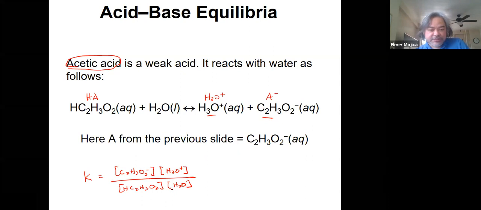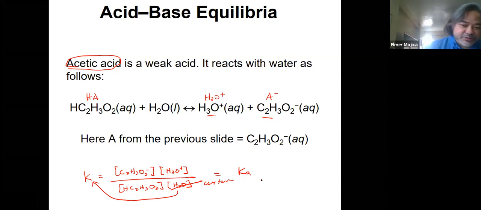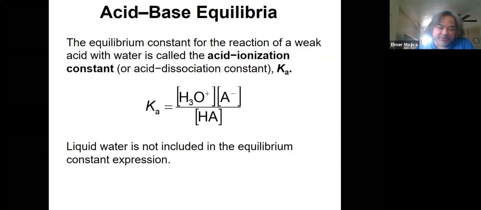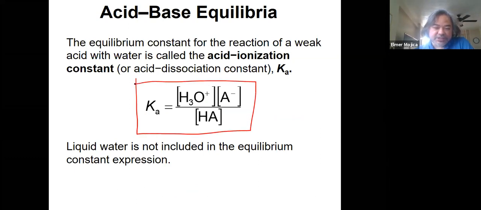Now, as you can see, this one is a constant, so you can incorporate it with your K, giving you a K that is known as Ka. So if we just write the Ka for the dissociation of a weak acid, we end up with this general equation.